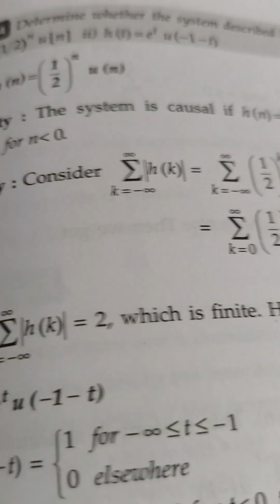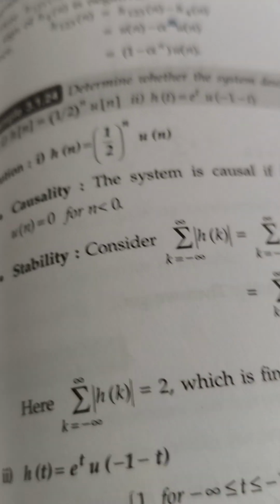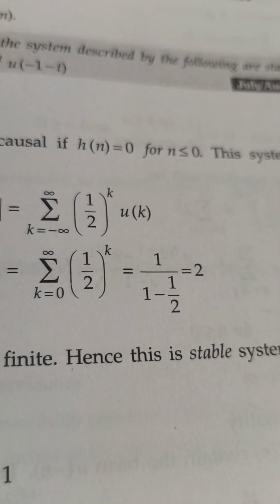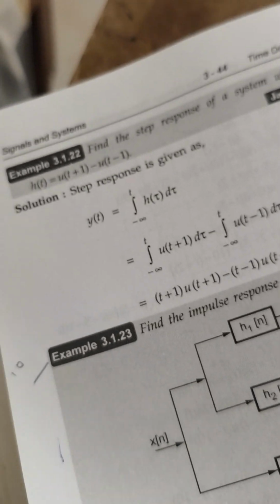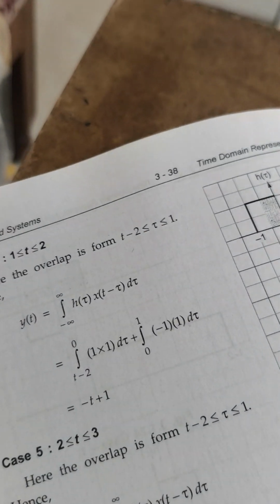Here also the value is 2, which is definitely less than infinity, therefore this system is also stable. How did we get this equation? I think we came across that equation previously.